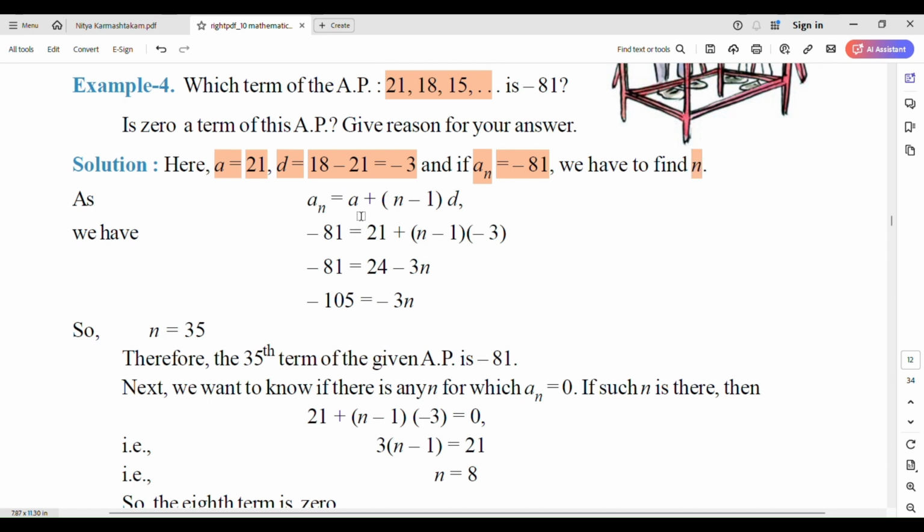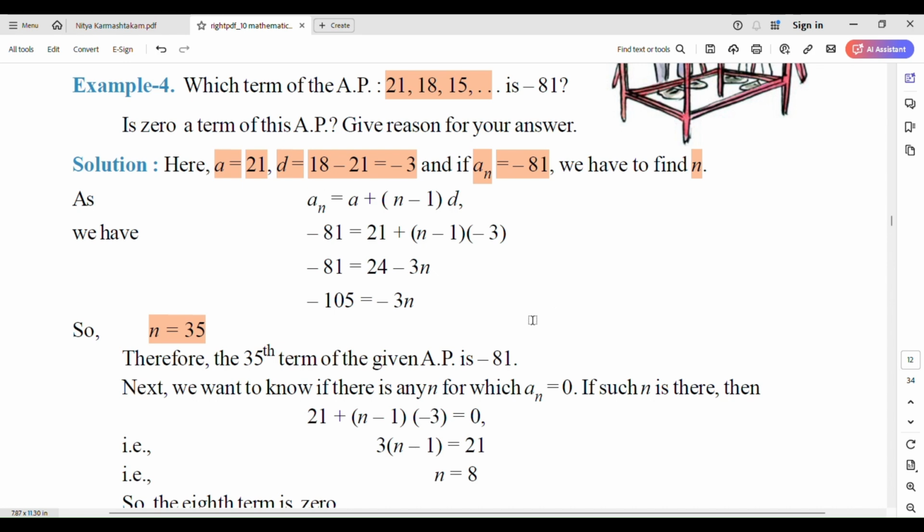So a of n equal to a plus n minus 1 into d. So we substitute the given values. A of n is minus 81 equal to 21 plus n minus 1 into minus 3. If you simplify this, what you will get is n equal to 35. So we know that the 35th term is minus 81. So once the term value is given, you can find out which term it is, okay?